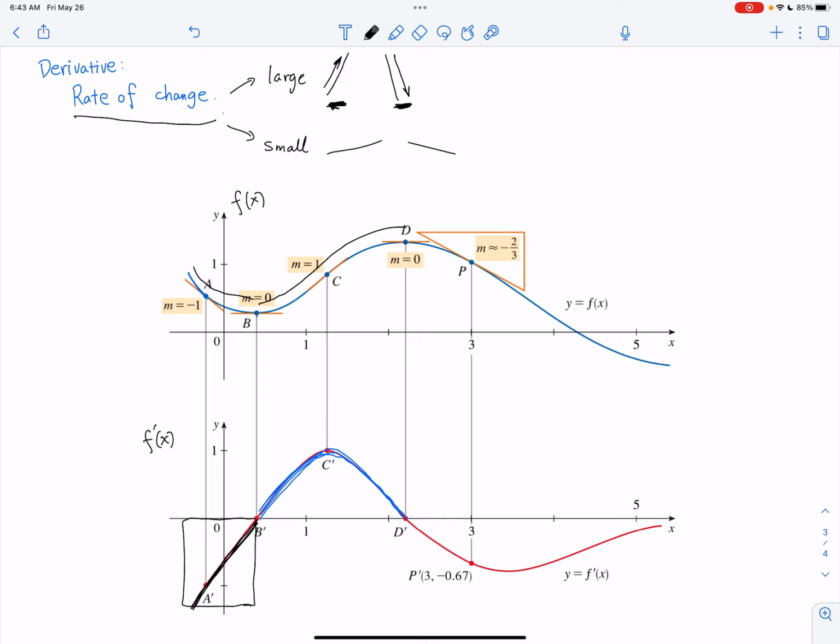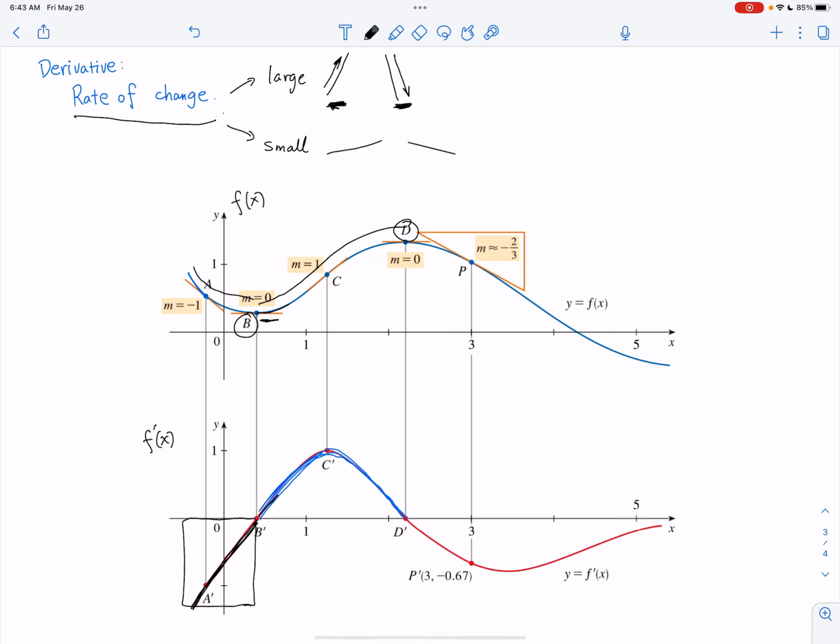So here, if you look at the range between B and D, right after B, this little range, the change is very slow. You just get a very slow increase. Like, it's almost flat, just increases a little bit. So that's why the derivative is positive, but not very big.